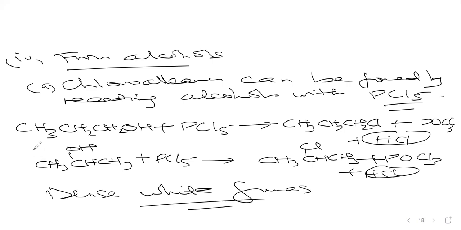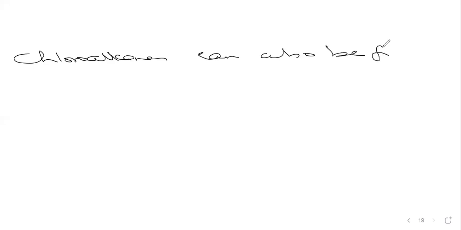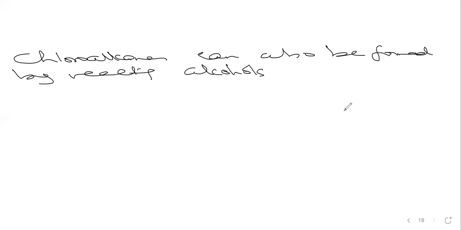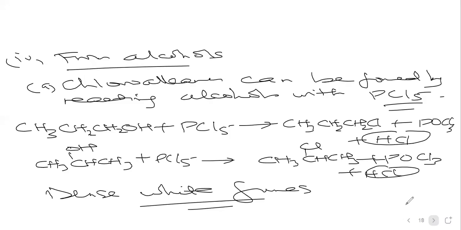Which other way can we use to form chloroalkanes? Chloroalkanes can also be formed from alcohols by reacting alcohols with another reagent that can substitute the phosphorus pentachloride.